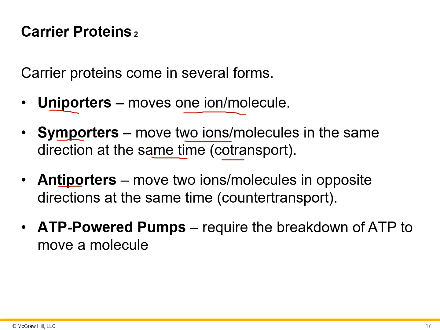Then antiporters are moving two different ions or molecules, but in opposite directions. So sodium, potassium: sodium comes in, potassium goes out, so they're moving in opposite directions. And then if they need energy, they're called pumps. So it means they only function if energy and ATP is provided.